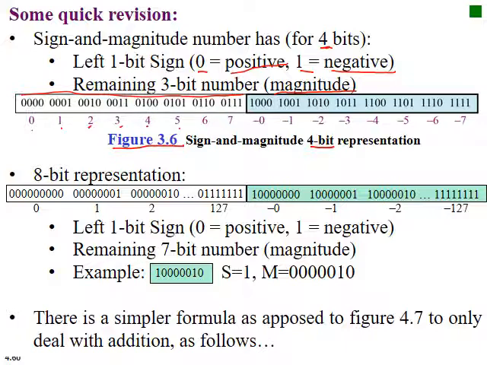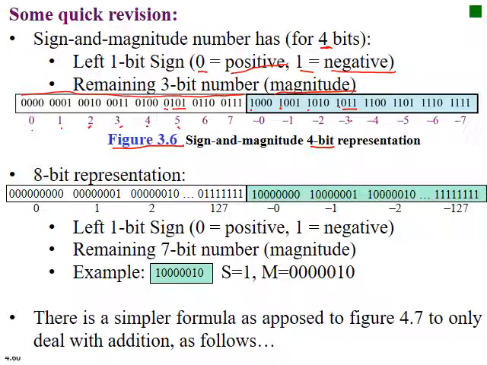For example, 5 here, the 0 means it's positive, and the 101, if we convert that to binary, gives us 5. And so for the negative values, we basically start with a 1. So everything that starts with a 1 here indicates that it's negative. For example, 3, the last 3 bits, 0, 1, 1, gives us a 3, and the 1 a minus, so therefore it's minus 3.